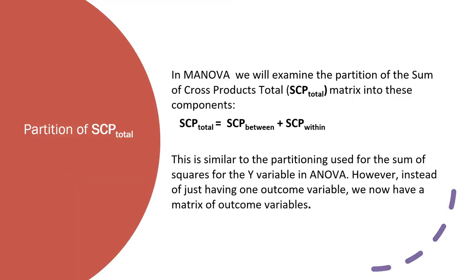With MANOVA, we're looking at the sum of cross products total. But basically, we're just looking at the output of these matrices, and the sum of cross products between plus the sum of cross products within is still going to equal our sum of cross products total. So it's essentially the same thing. It's just that instead of single variables, we're now looking at sets of variables.